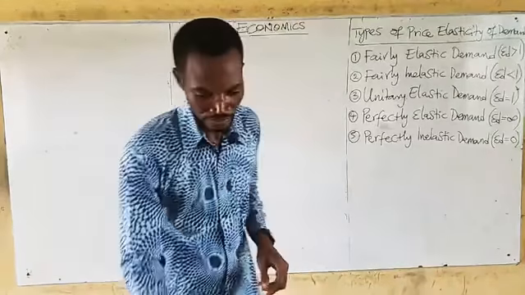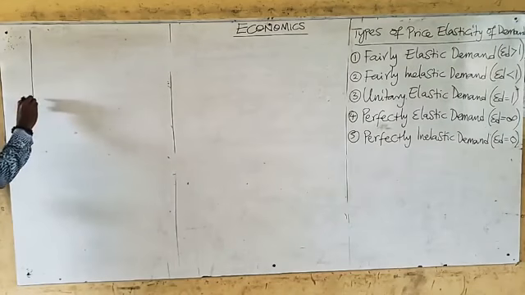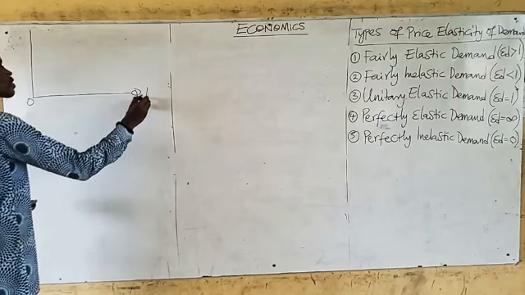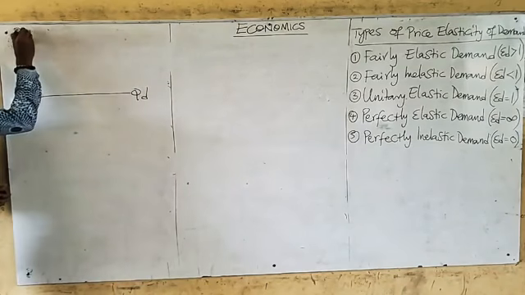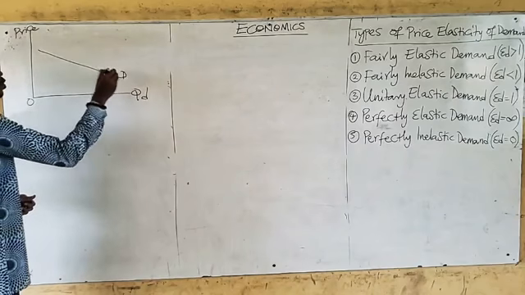Let's illustrate it. Look at this on the diagram. This is quantity and this is price. Then you have the diagram shown here.